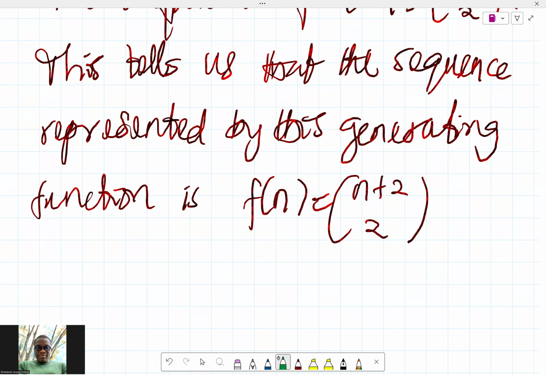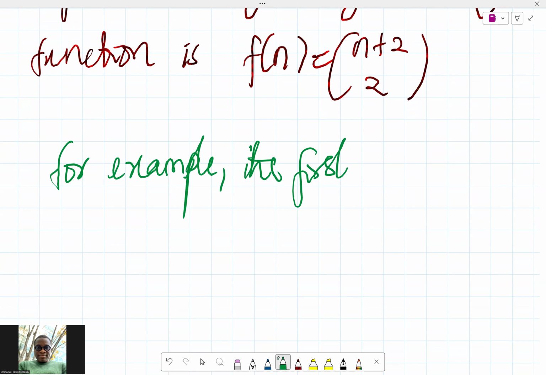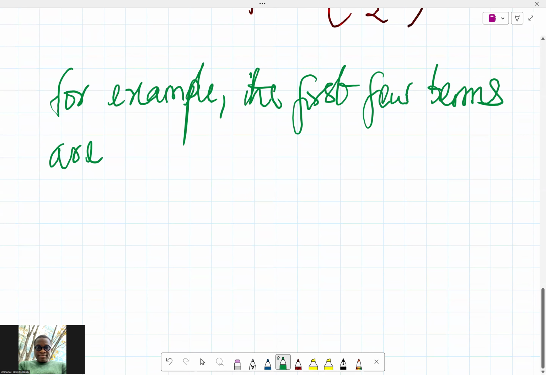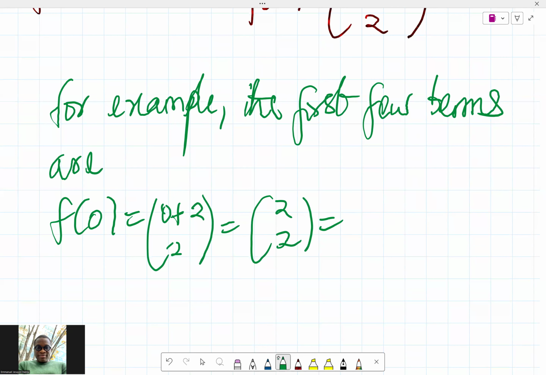If you take a few examples, just like I demonstrated, the first few terms are: f of 0 will be 0 plus 2 combination 2. That is 2 combination 2, which is simply 1.